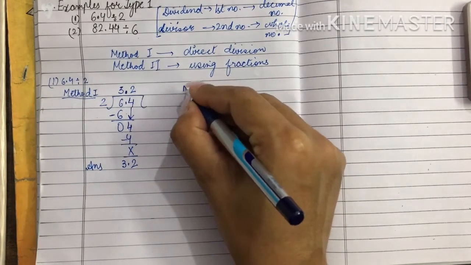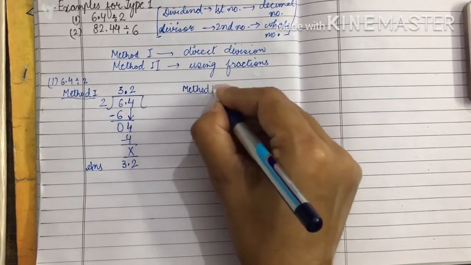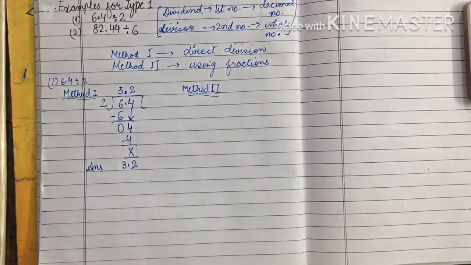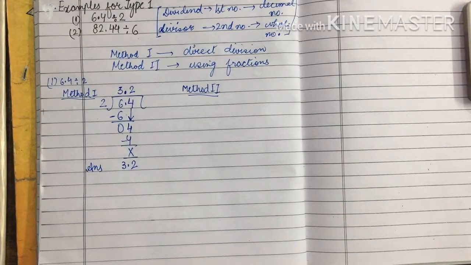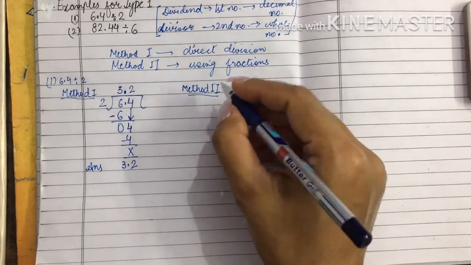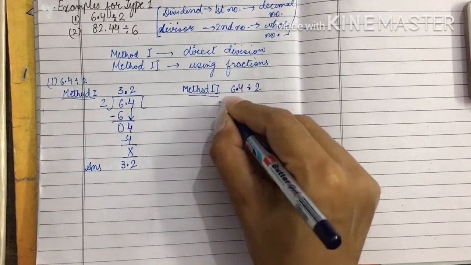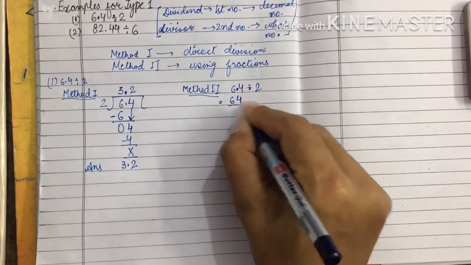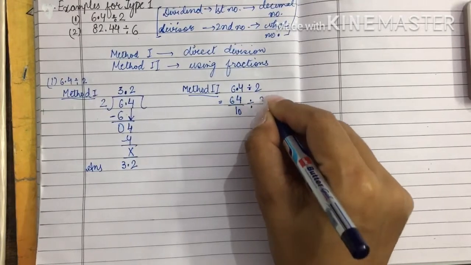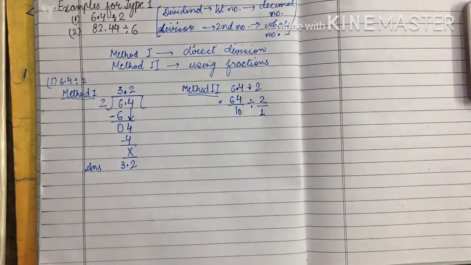Let's do it with second method, that will be using fractions. So I will change both numbers into fractions and then divide them the way I divided fractions. So 6.4 divided by 2, writing them as fractions, this will be 64 by 10 divided by 2 over 1.